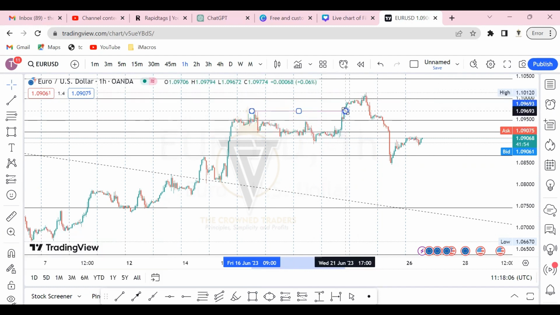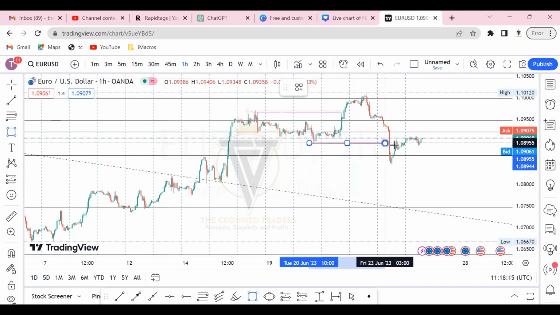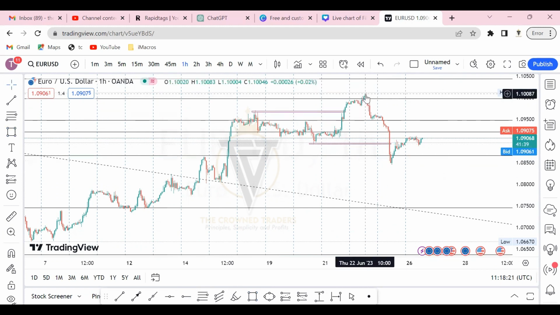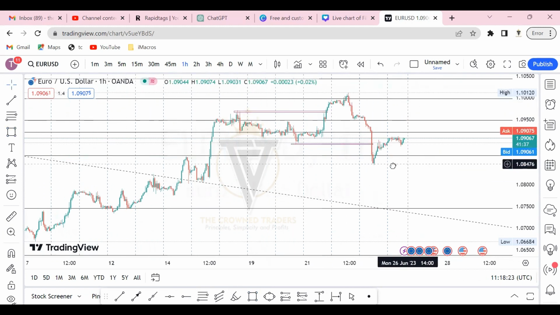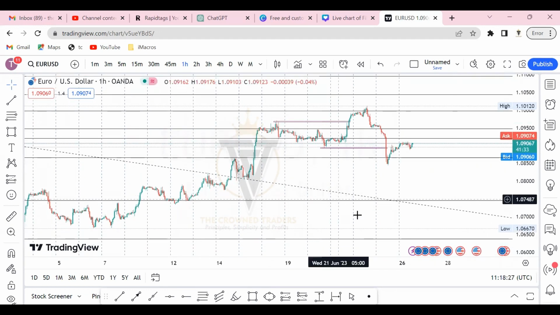That's our high. These are lows. And these are higher highs. Okay, so it's giving us an opportunity to plot our Fibonacci very clearly.